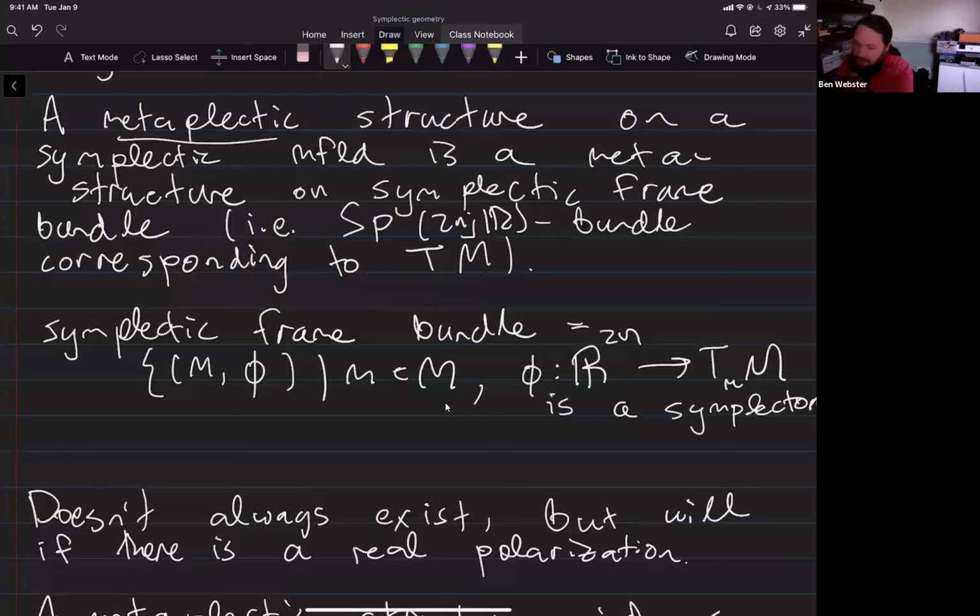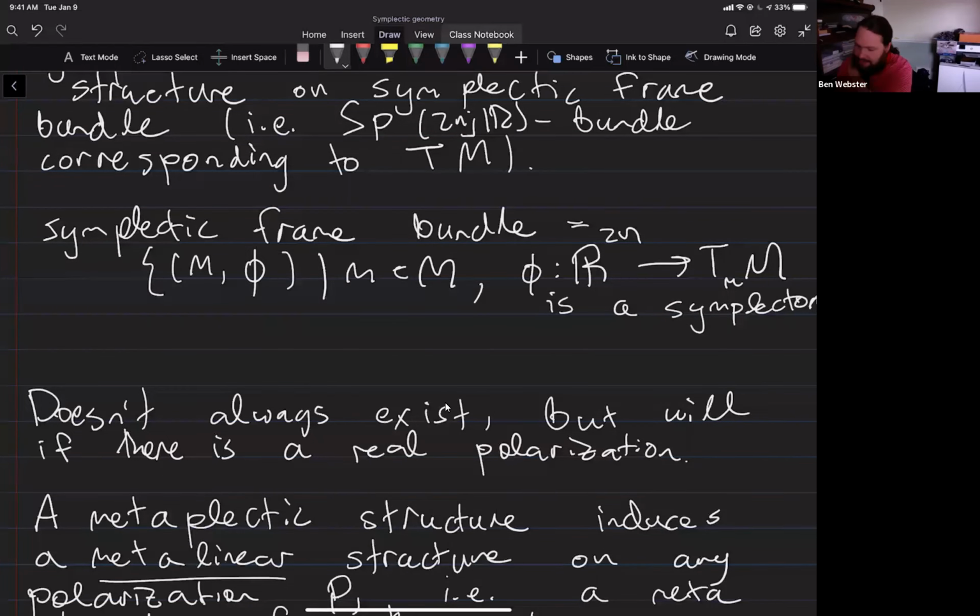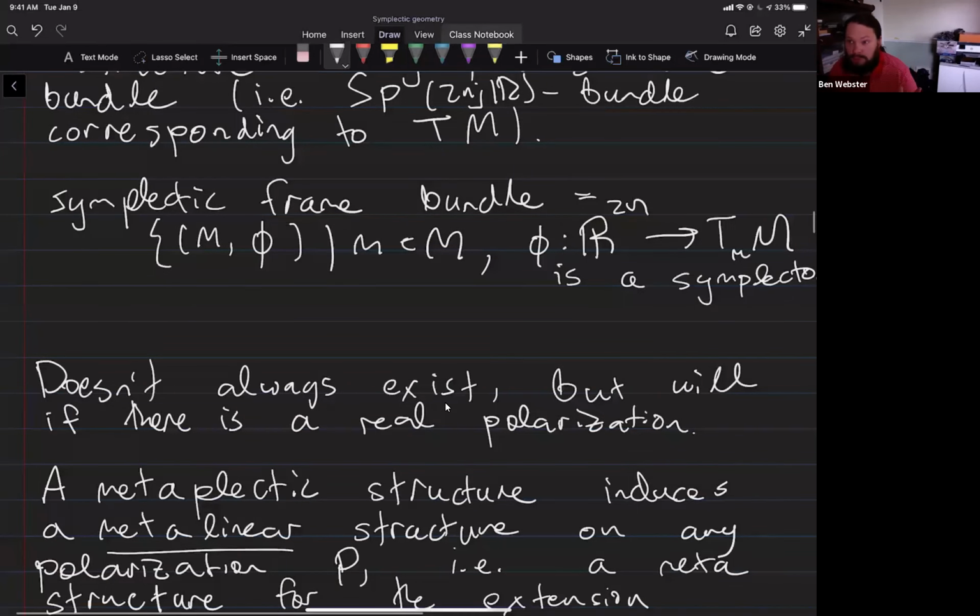Of course, we could have a long discussion about exactly when that happens. It's when the second Stiefel-Whitney class vanishes, if your manifold is orientable, which it always is for a symplectic manifold. But let me just say, this always happens if you have a real polarization. So having a real polarization is actually a pretty strong condition already.